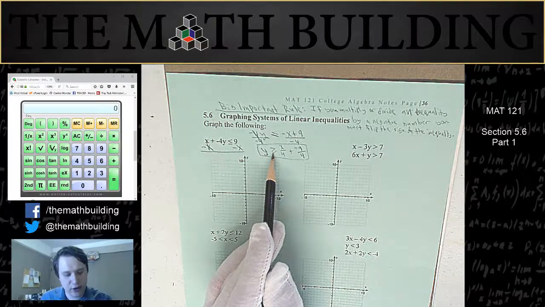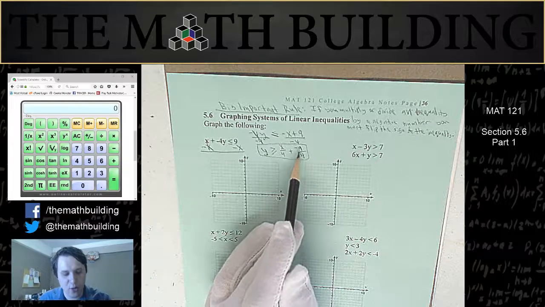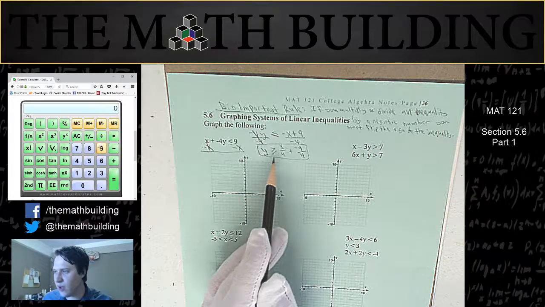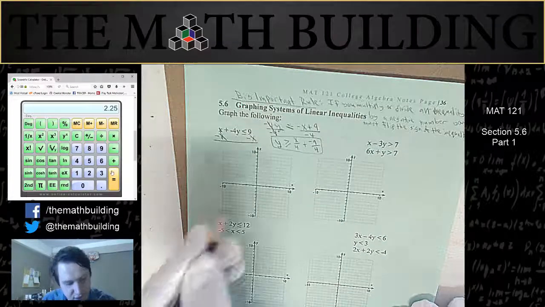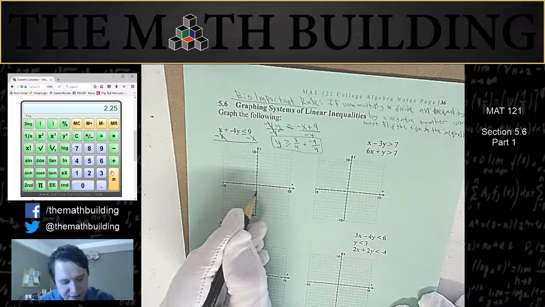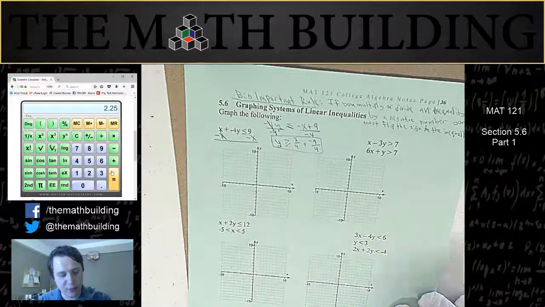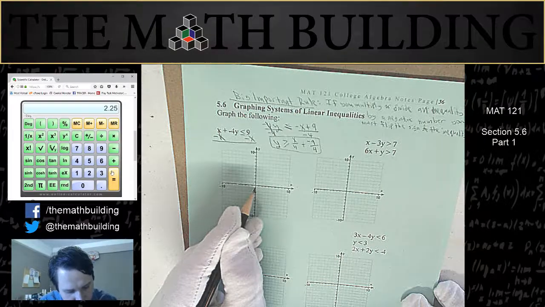So y is greater than or equal to x over 4 plus negative 9 over 4. Well, negative 9 over 4, that's our y-intercept. That's about 2.25. So our y-intercept is going to be about right there at negative 2.25. From there, the slope is up 1 over 4. So up 1 over 4.